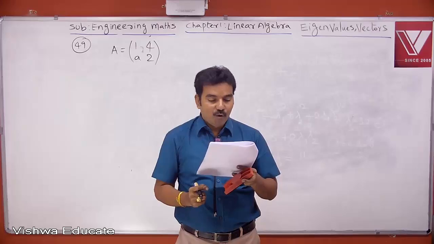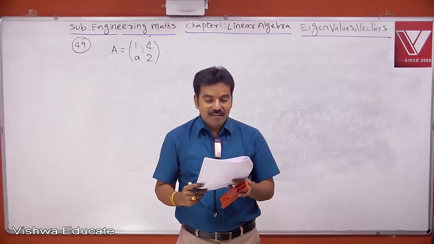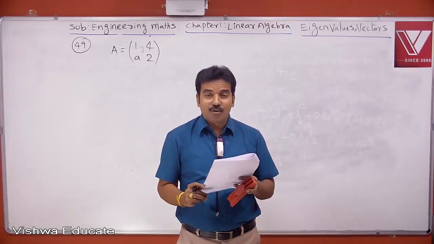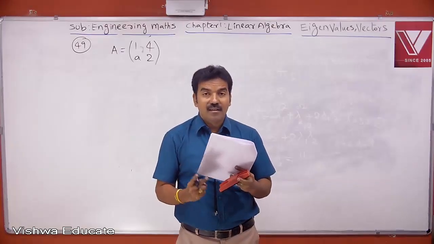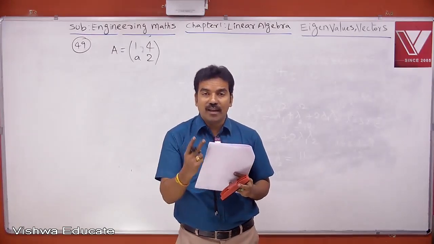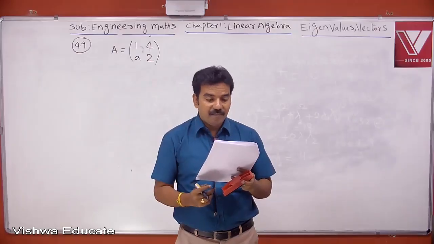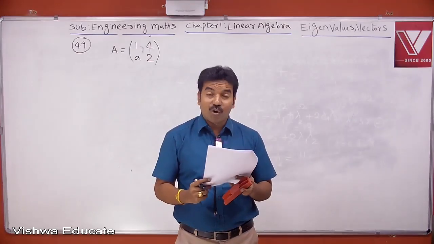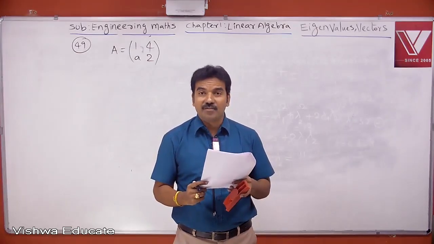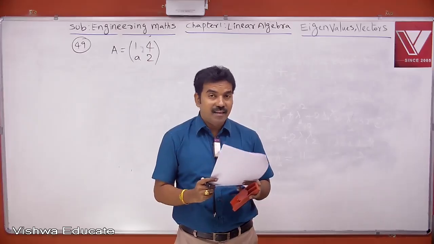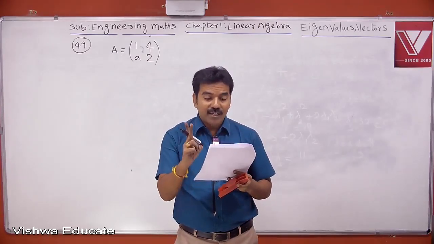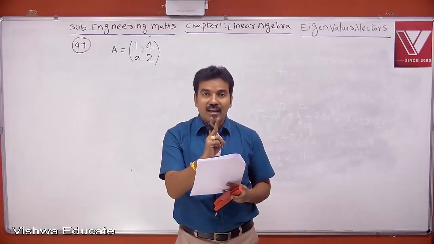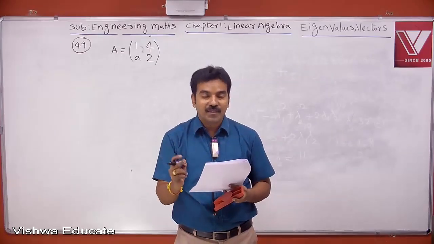Four options are given. So eigenvalues are real. No eigenvalue is complex. Both the eigenvalues are real. It's a 2 by 2 matrix, so you get 2 eigenvalues. Both must be real. And the second condition is both are non-negative. So they should not be negative. They can be 0, they can be positive, they should not be negative. So 2 conditions are given. One is real eigenvalues, second one is non-negative.